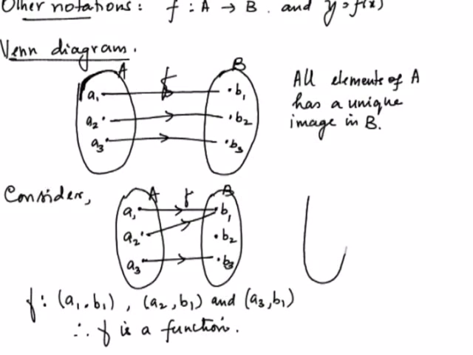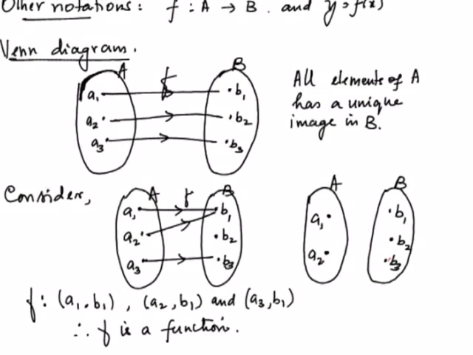Whereas, consider this situation which is going to appear now. We have two sets A and B. a1 is related to b1 and a2 is related to b3, whereas a1 is related with one more element, that is b2.